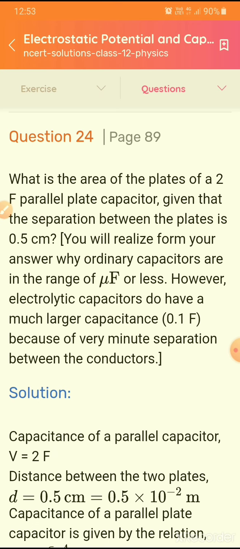Normally we use capacitors in microfarads only. Here the capacitor is given in farads. From this answer we can find out why we use microfarad capacitors. However, electrolytic capacitors do have a much larger capacitance because of the very minute separation between the conductors.